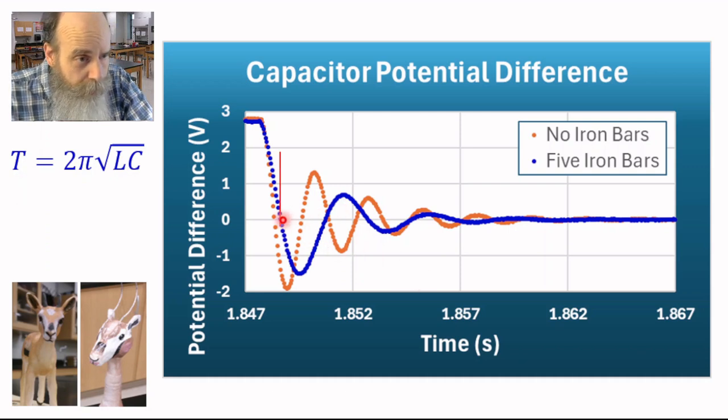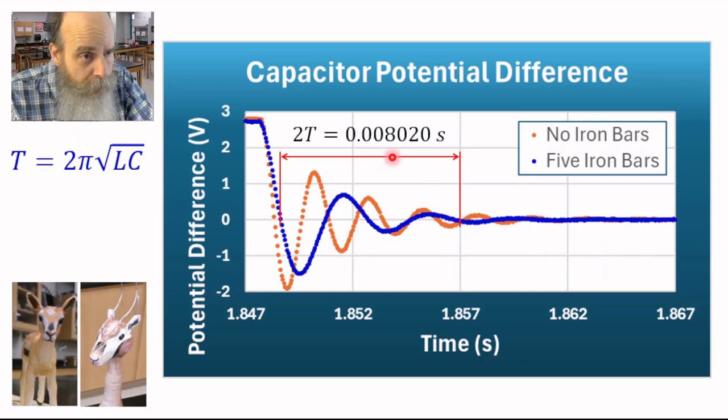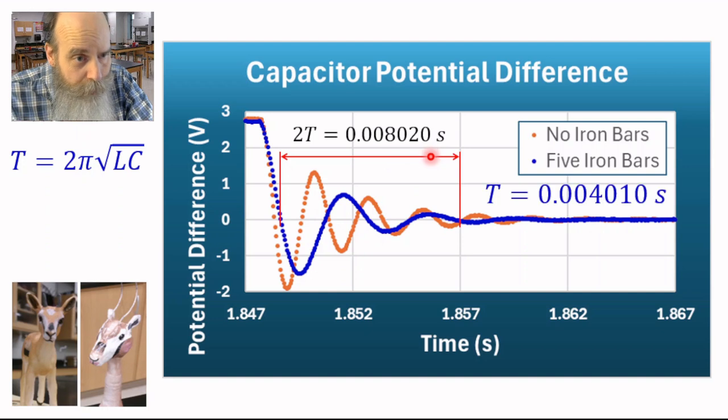Let's start here and go 1 cycle, 2 cycles over to here. So that's 2 oscillations. So this time interval should be 2 times the period. So 2 times the period is 0.008020 seconds. Divide by 2 to get the period, and we get the period here: 0.004010 seconds with 5 iron bars in the solenoid.